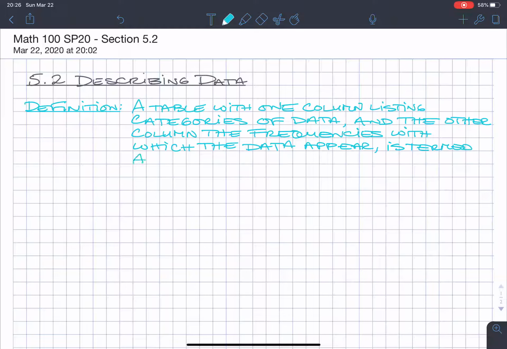That's what we're defining. Frequency table.